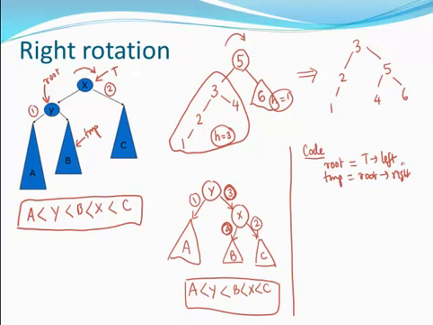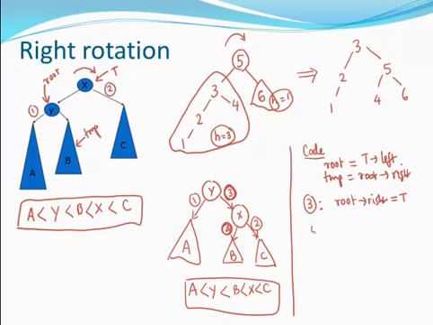Now the question is, how do we write the code for accomplishing number 3? Number 3 says that the right child of Y, which is the root, must be equal to the old root, which is t. That's number 3.